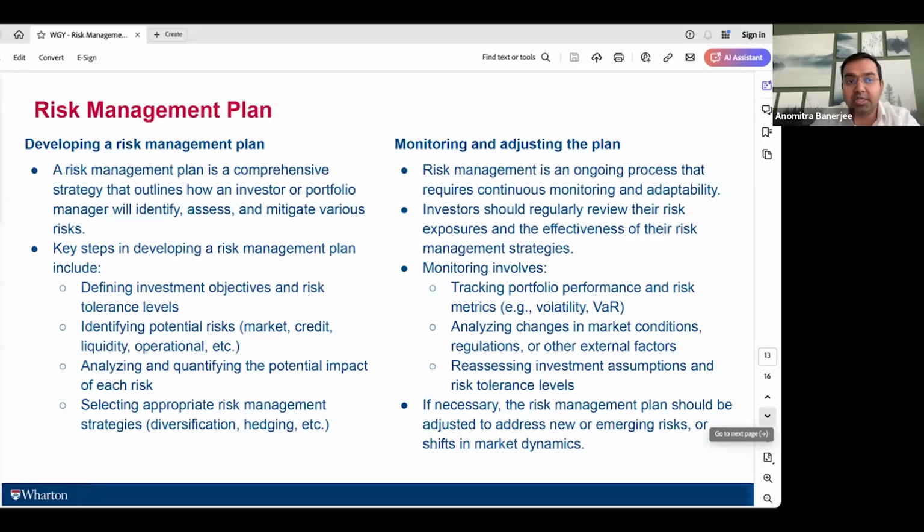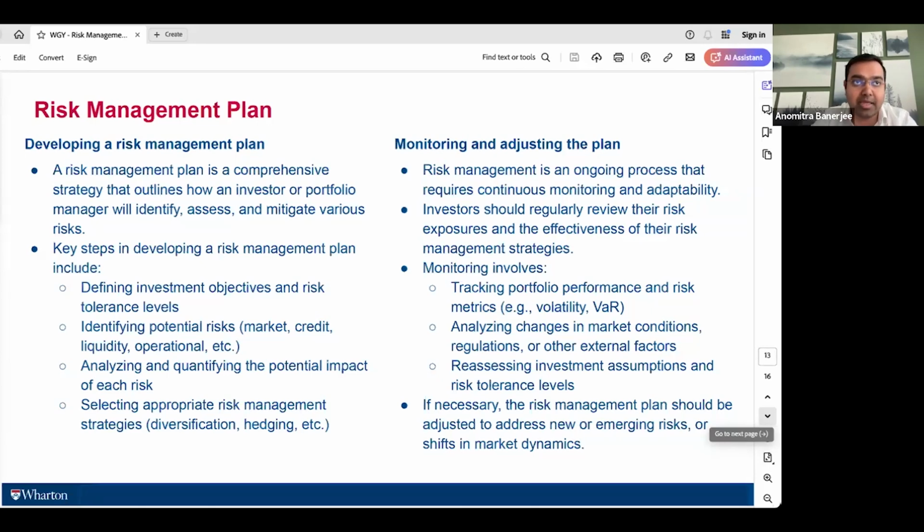The market is constantly changing, and that's why your risk management plan needs to change with the market at all points. So you have to constantly monitor your investments and your portfolio. Monitoring involves tracking your performance and risk metrics, like what the volatility looks like, what the VaR looks like, and analyzing changes in market conditions and new information.